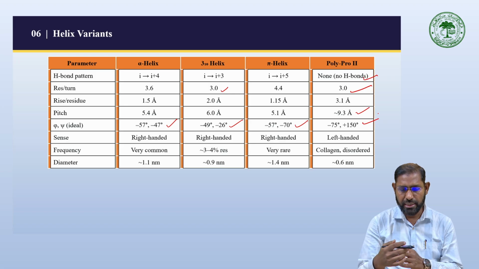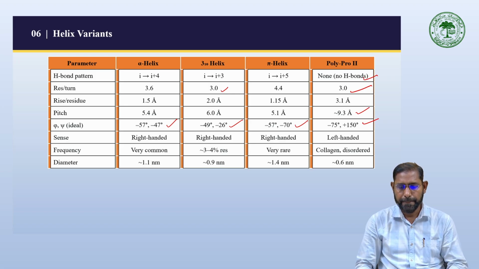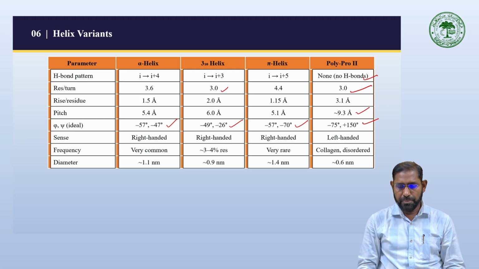And what is the sense? Alpha helix is right-handed, 310 helix is also right-handed, and pi helix is also right-handed, but polyproline is left-handed. That is very rare, left-handed.